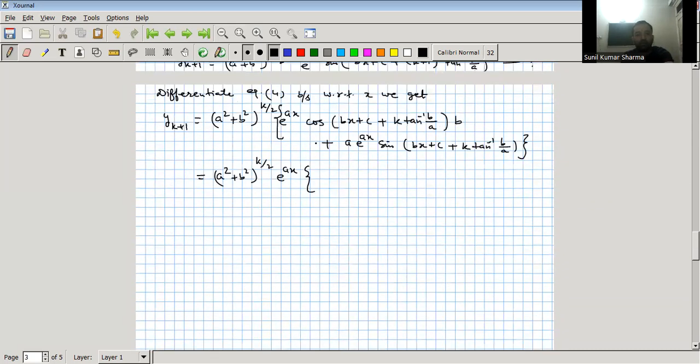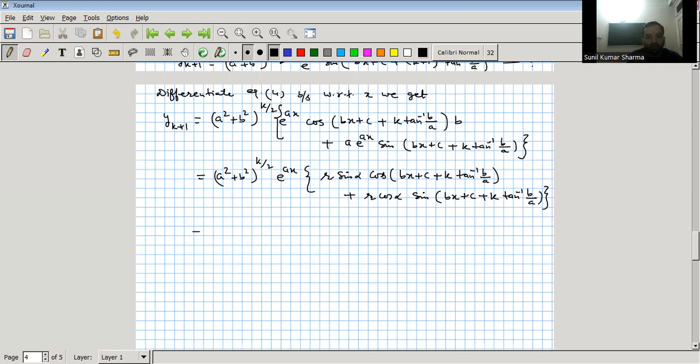So we put b is r sin alpha into cos bx plus c plus k tan inverse b by a, plus a is r cos alpha sin bx plus c plus k tan inverse b by a.